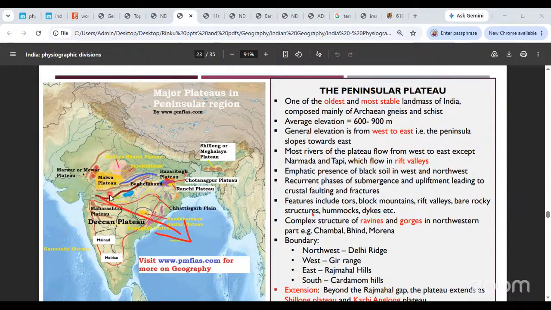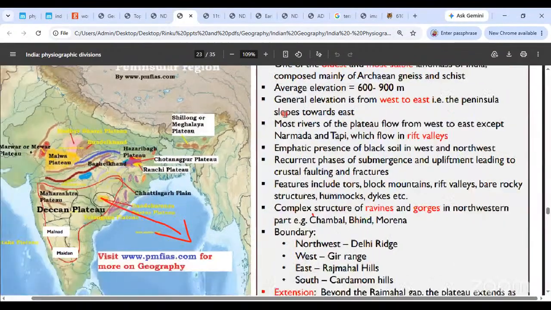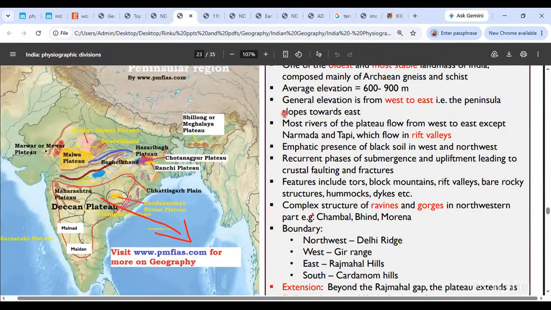Because of that, you will find multiple phases of submergence, emergence, and upliftment. The general features you find here are tors, block mountains, rift valleys, bare rocky structures, hummocks, and dikes.